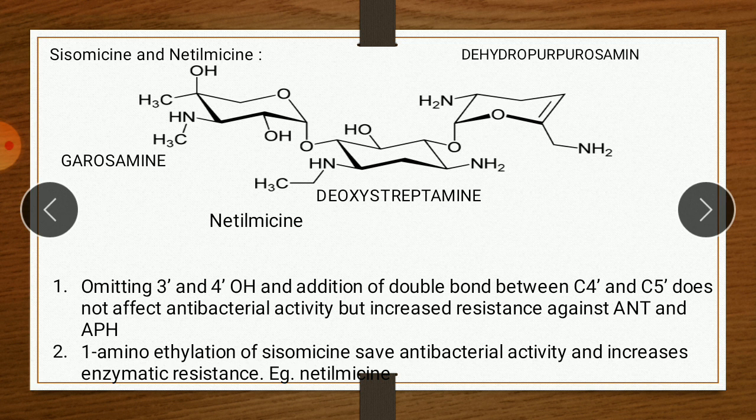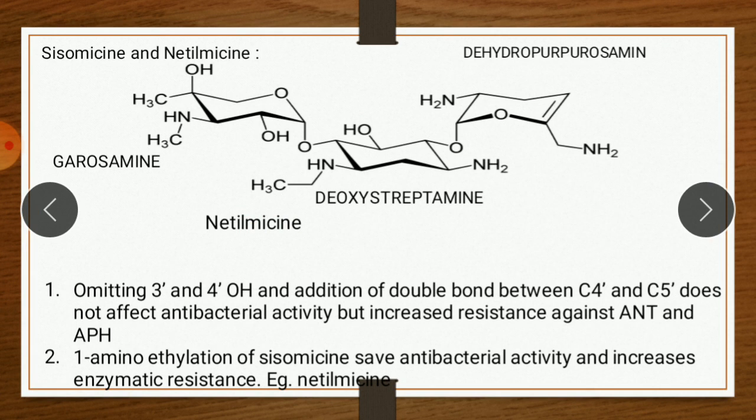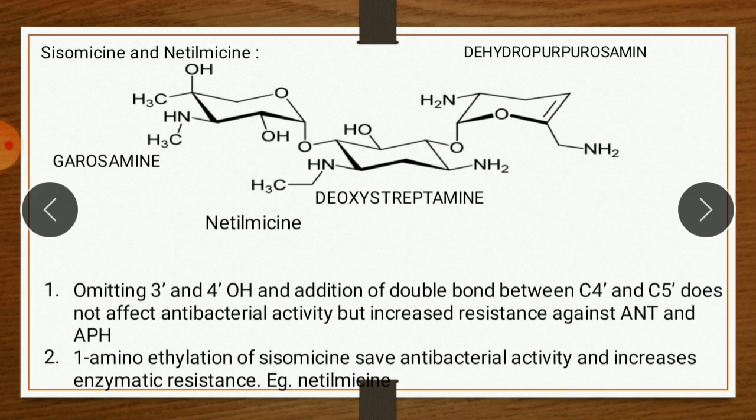Next, there are 2 drugs, Sizomicin and Netilmicin. Here is the Sizomicin structure, and this structure is of Netilmicin. In case of Sizomicin, this becomes NH2.